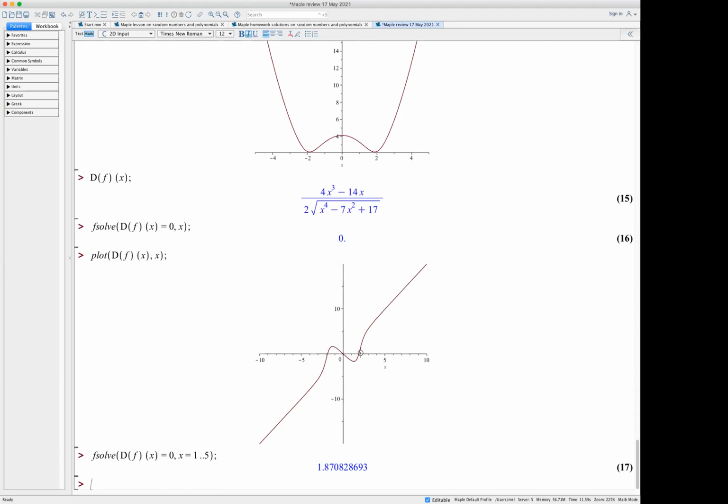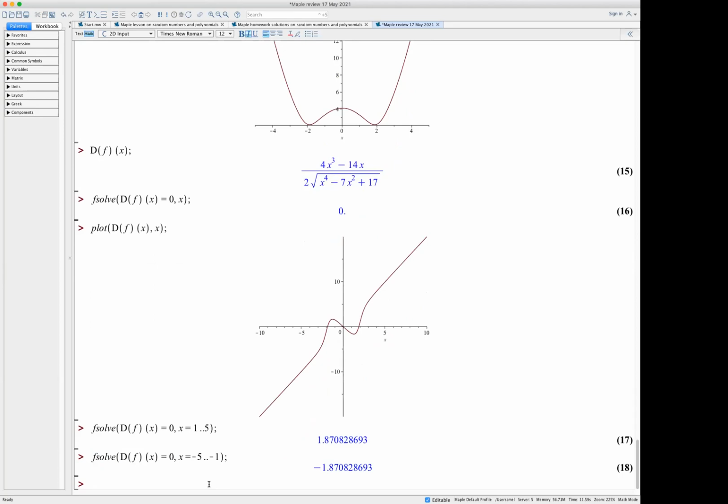I know because I'm looking at the curve. That's why I'm doing this. And there's also a negative solution. And the negative solution looks like it's between minus 5 and minus 1. So let me look for a solution there.